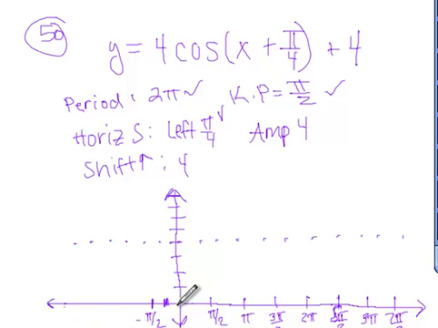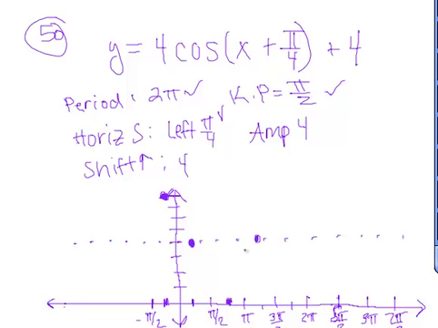So now, what used to be down here is going to be up here, and what used to be on the 0 for my start is going to be shifted back. And cosine starts at the maximum, or at the amplitude. So I'm going to start up, go down to my center line. This would have been my second key point. My third key point is going to go down 1, 2, 3, 4. So way down here. And then up to my center line.